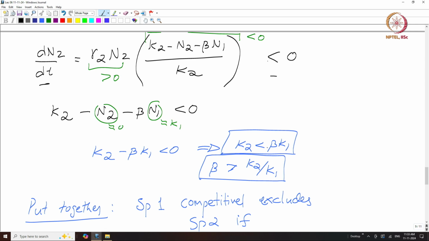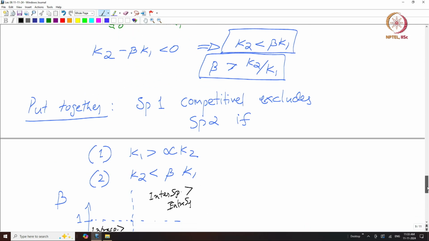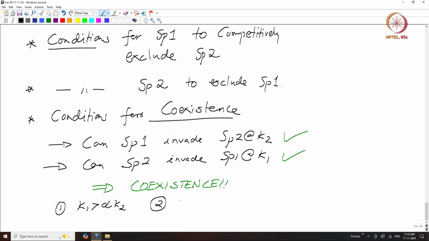Now, if it was the opposite, meaning if K2 was greater than beta K1, the growth rate would have been positive, and that means that if both these conditions are simultaneously present, both can invade each other, and therefore we can achieve coexistence.